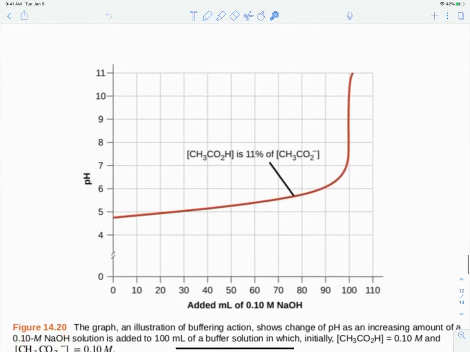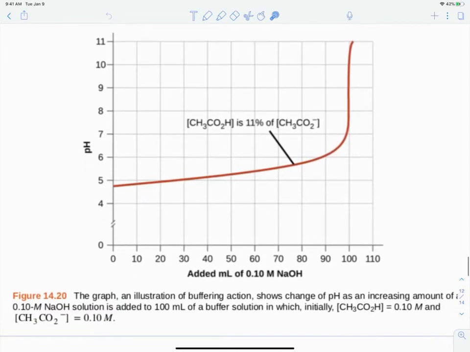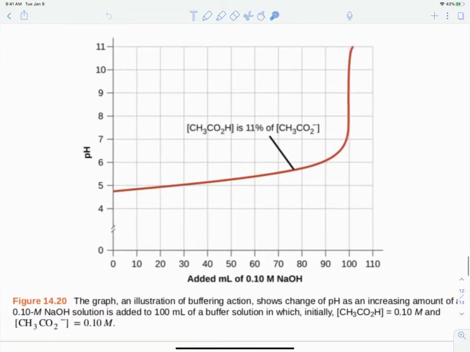And so let's just briefly look at what buffering capacity looks like. If you look at a plot which has the amount of sodium hydroxide added, so this is the base, and what we have here is acetic acid, and so we've made an acetic acid buffer with some acetate, the conjugate base here, and what happens is as we start to add more and more sodium hydroxide, we can monitor the pH.